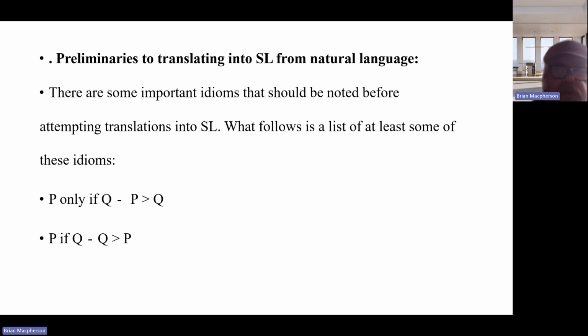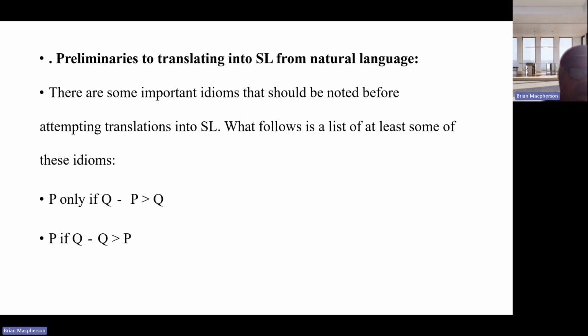As I was saying earlier, when I learned French and German and so forth, we learned idiomatic expressions, and that's important for translating into the requisite language. So P only if Q is P arrow Q, P then Q. P if Q is Q arrow P.